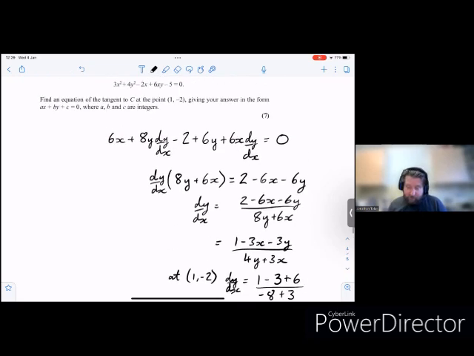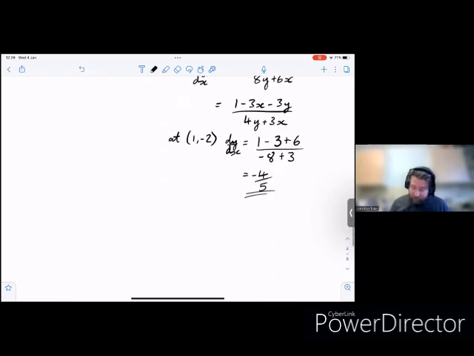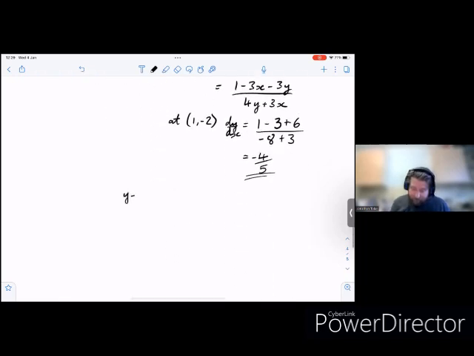The question is just asking for the equation of the tangent at 1, minus 2. So we use y minus y1 equals m times (x minus x1). So we get y plus 2 equals minus 4/5 times (x minus 1).